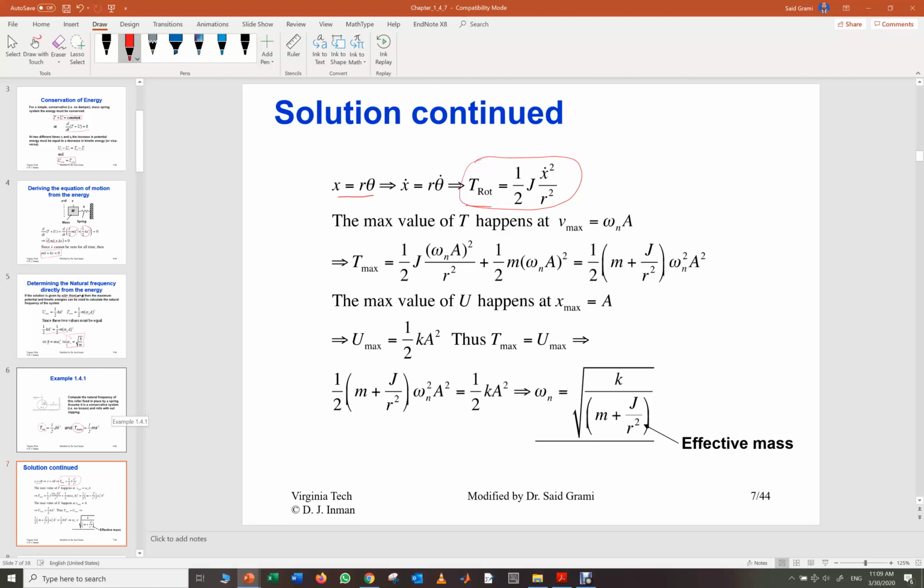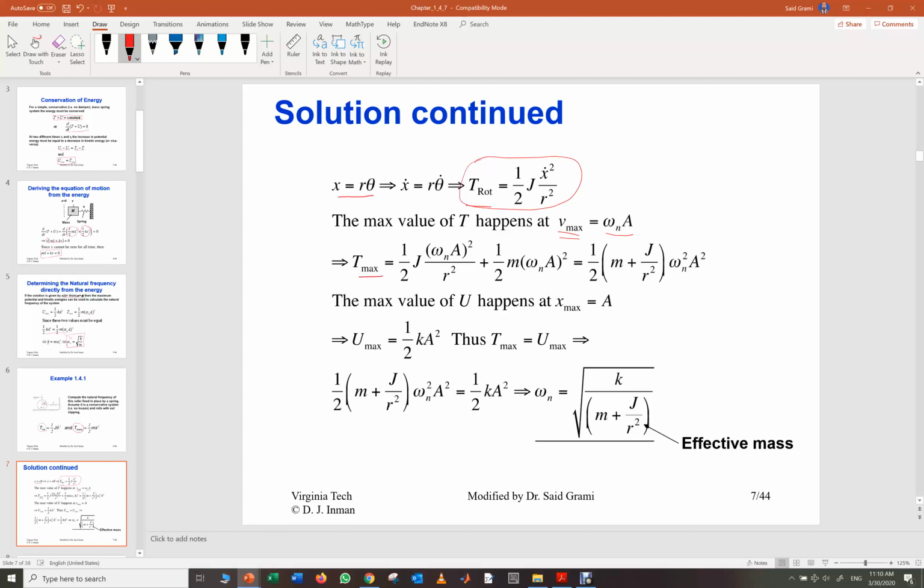The maximum value of kinetic energy happens at V max, and V max is omega n A. So T max will be half J omega n A squared over r squared plus half m omega n A squared. This is the value of T max for the system, rotation plus displacement.